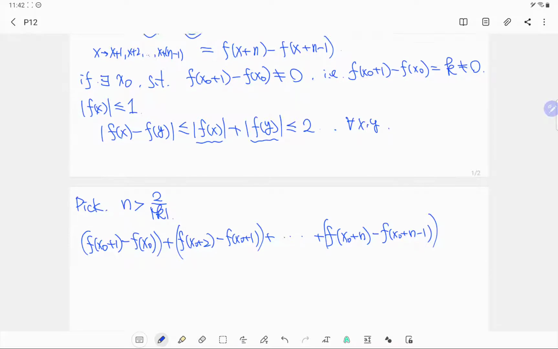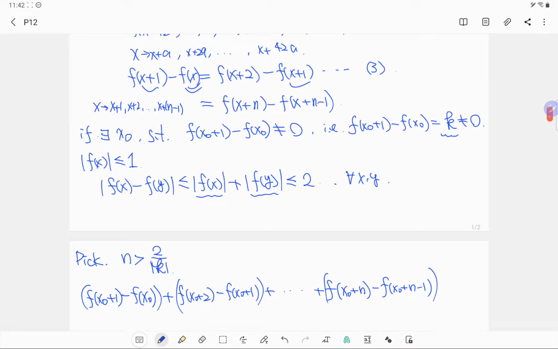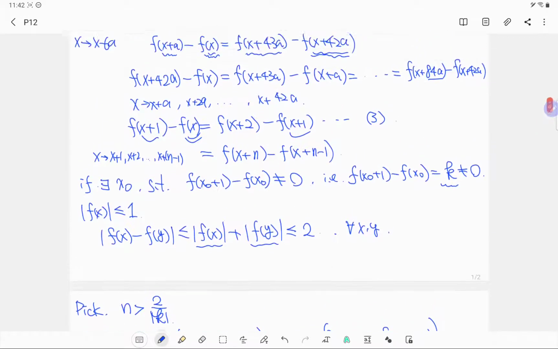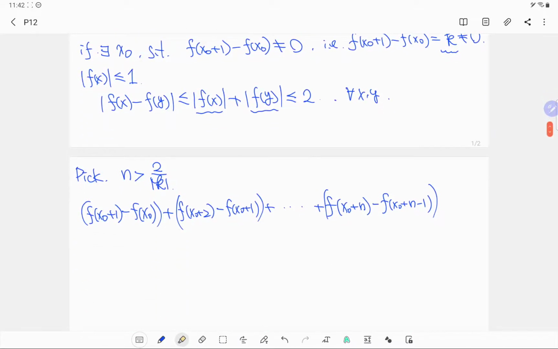We have this term, and as much as we know, every term is k, and they should all be equal to each other, which means that this one, when we take the absolute value, should be equal to n times k.